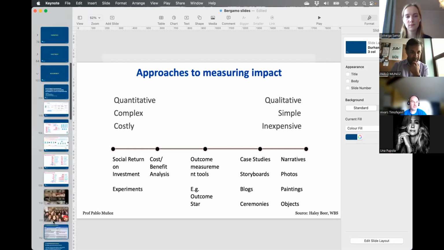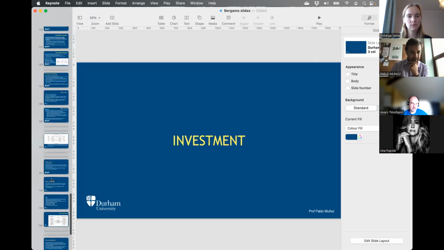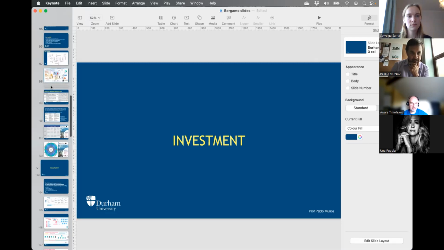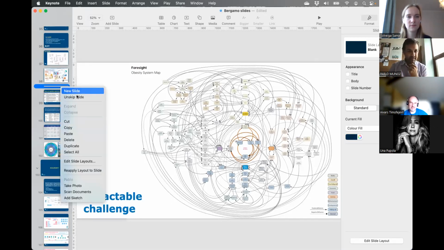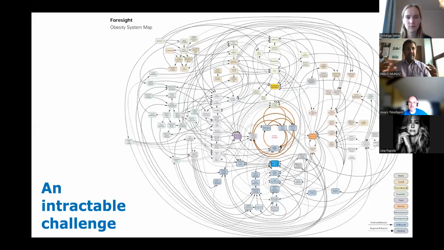There's something I always love to show my students. I think I have it in my investment slides: that's the obesity map, the complexity obesity map. Let me show it to you. Those of us who work on social problems, trying to solve and measure social problems, feel that we can establish causal attribution.